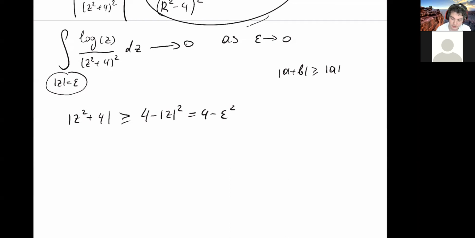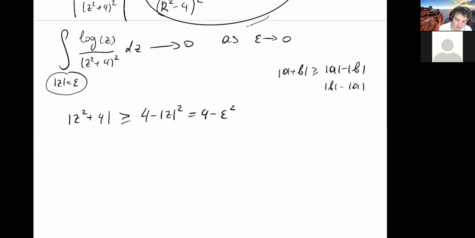We can either do a minus b, or we can do b minus a. And we always choose whatever choice gives us a positive number. So if epsilon is small, then this is a positive number. So here I choose to rearrange the terms.